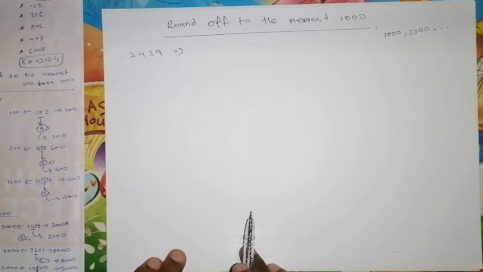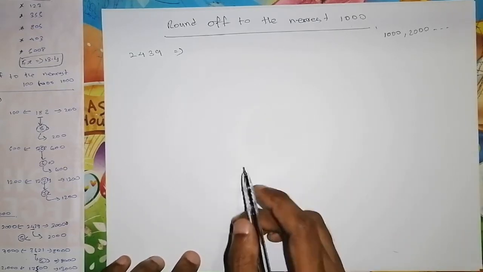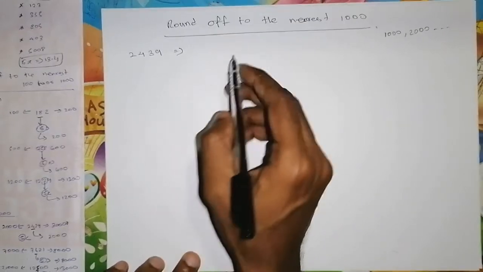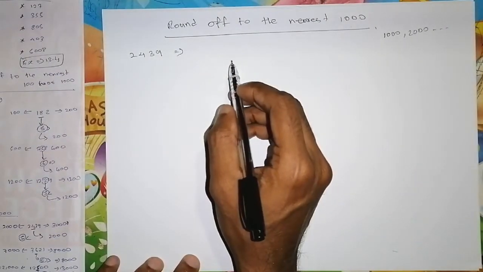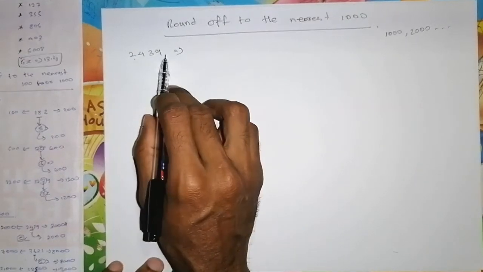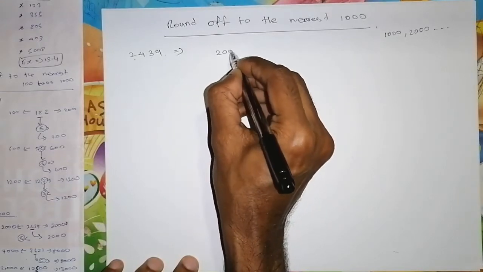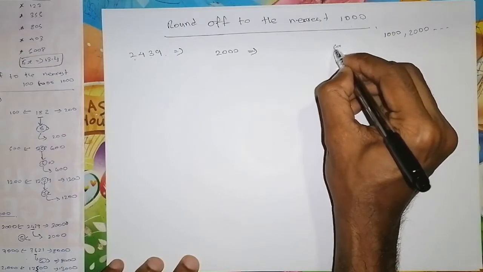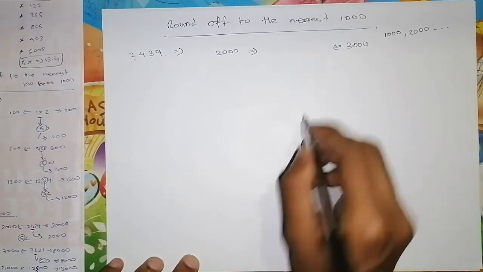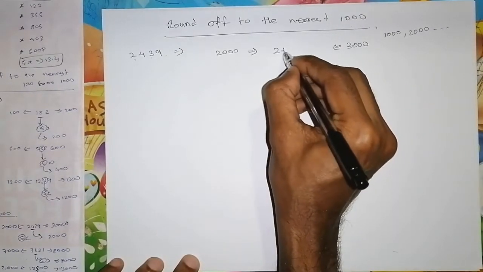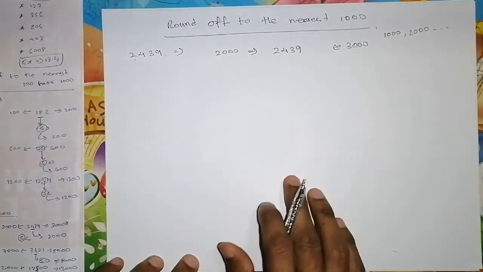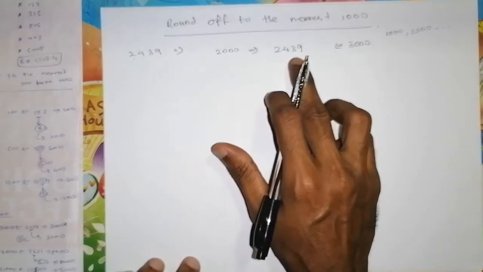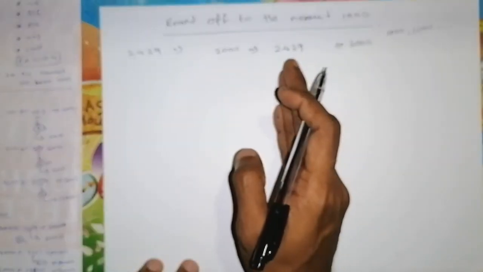So the first and the easiest method is to check between which thousands the number lies, which means in between 2000 and 3000. The value is 2439. Is the number past the half?